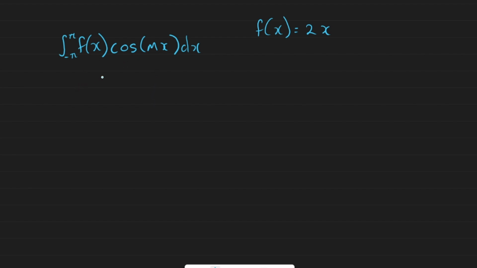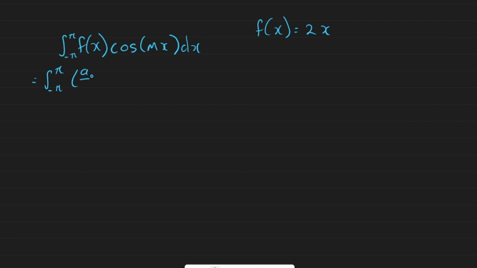So what this means is that we can now replace this f of x, this function that we're integrating, with the Fourier series. So we're going to substitute the Fourier series in place of f of x. So that's the next step. So we have the integral from minus pi to pi, and we remember what the Fourier series is.